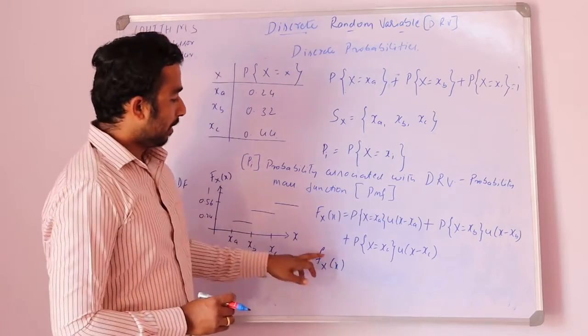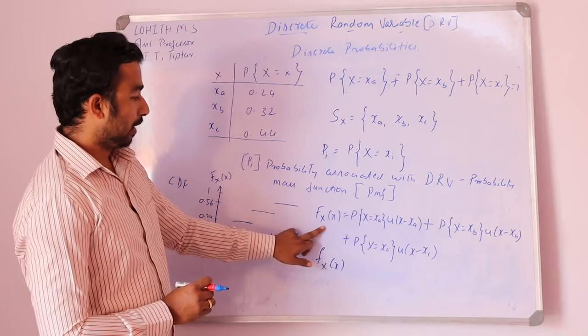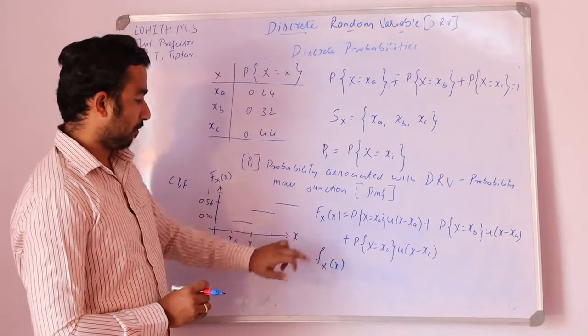It is the d by dx of fx of x, that is the differentiation of the cumulative distribution function.